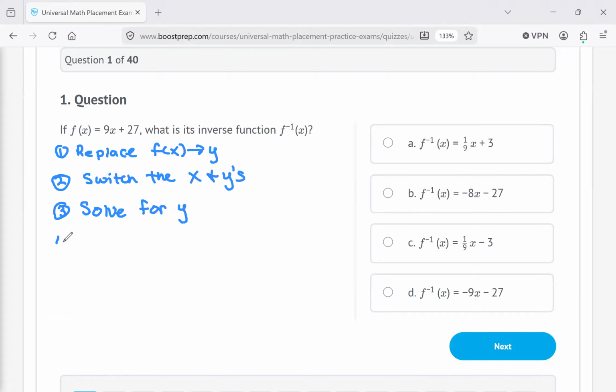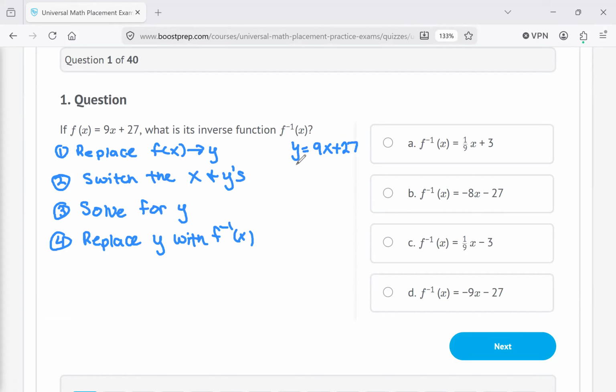And then the last step is replace y with f inverse. So you can apply this rule for any graphs, right? So let's do step 1, replace f of x with y. So it's going to be y equals 9x plus 27.